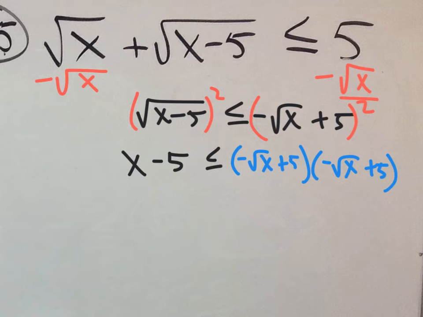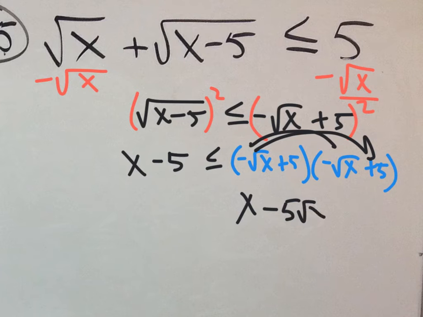Negative square root of x times negative square root of x: a negative times a negative is a positive, and the square root of x times the square root of x is just x. Negative square root of x times positive 5 is negative 5 square root of x. Positive 5 times negative square root of x is also negative 5 square root of x. And positive 5 times positive 5 is positive 25.